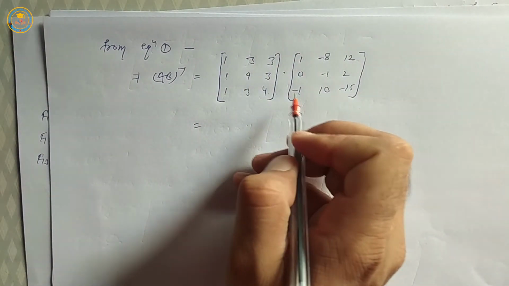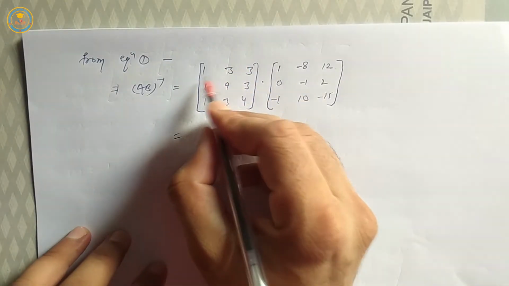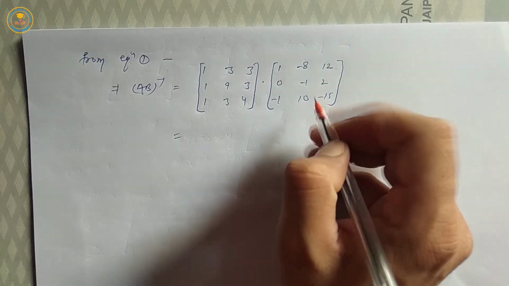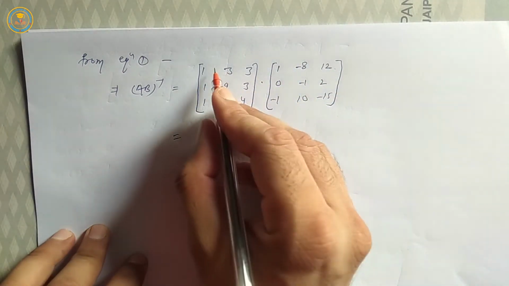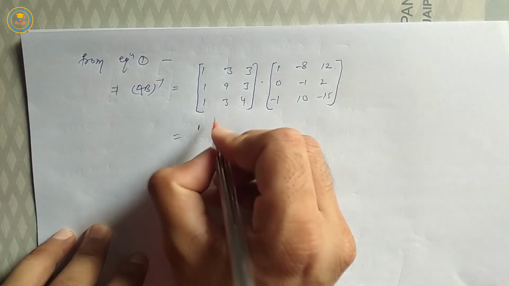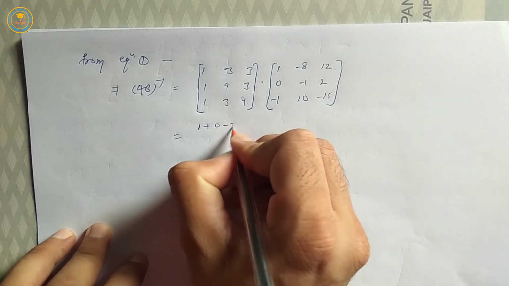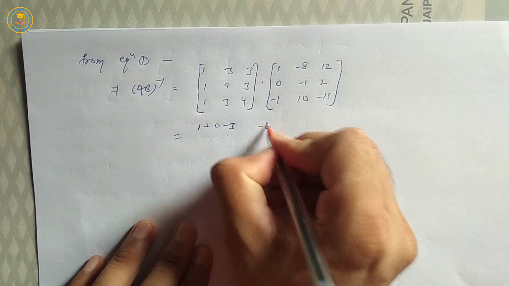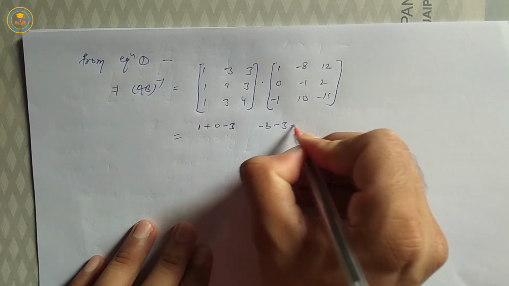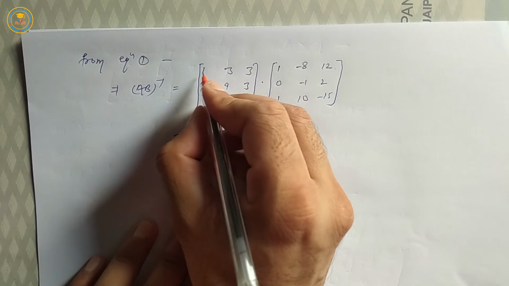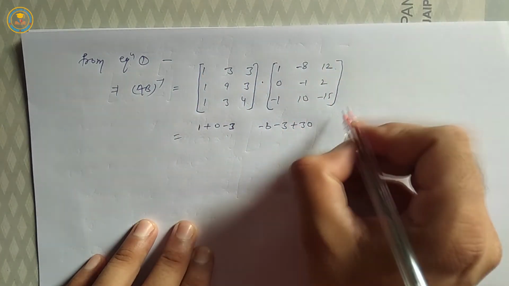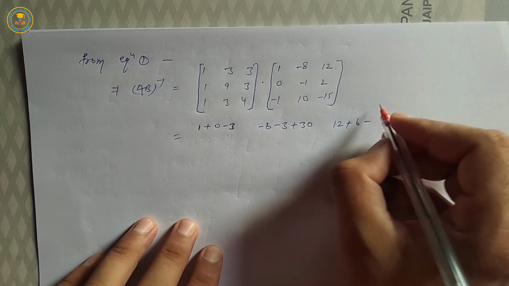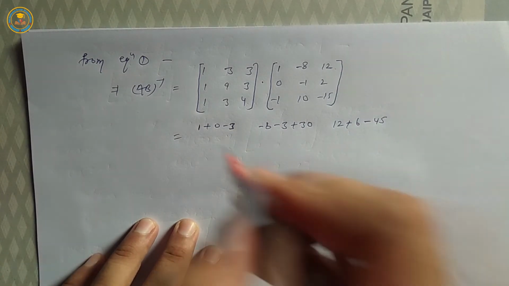First row first column, first row second column, first row third column. First row first column 1 into 1, 1 plus 0 minus 3. First row second column minus 8 minus 3 plus 30. Similarly first row third column 12 plus 6 minus 45.